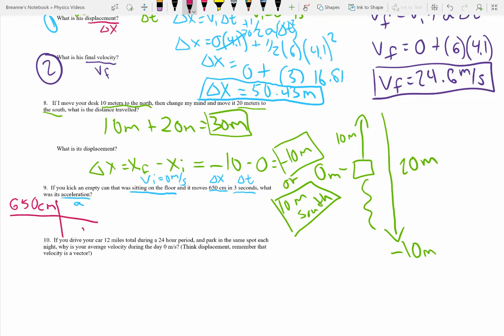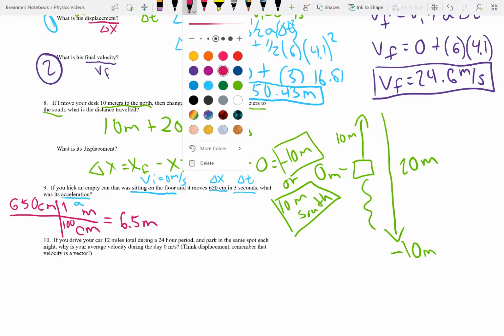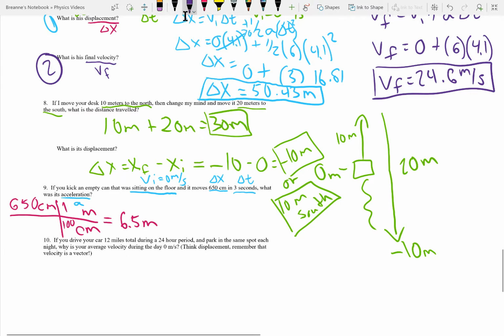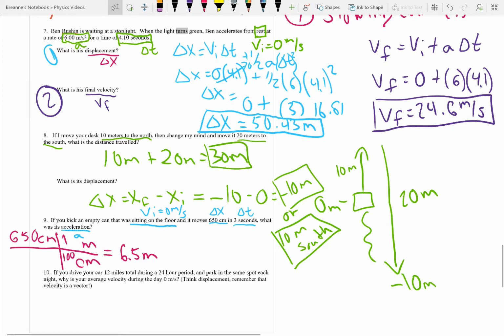We want to get into meters, so for 1 meter, we get 100 centimeters. So divide that by 100, you get 1.5 meters. So we'll use that as our displacement now.